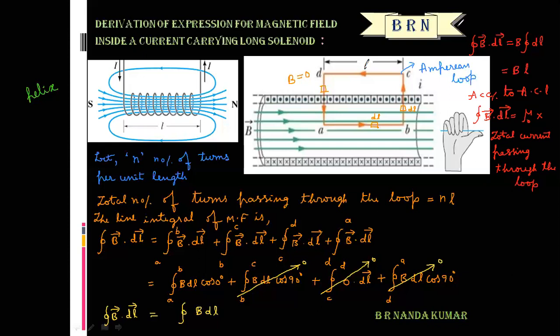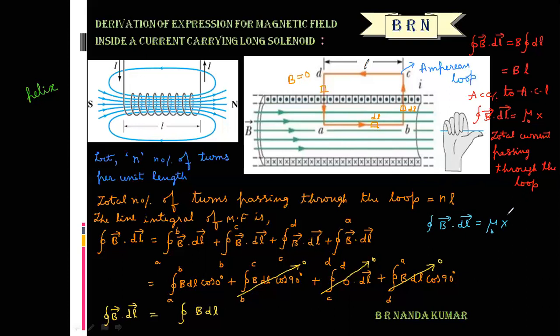Okay, so integration of B vector dot dl vector is equal to mu naught into total current passing through the loop, which is number of turns passing through the loop into current in each turn.